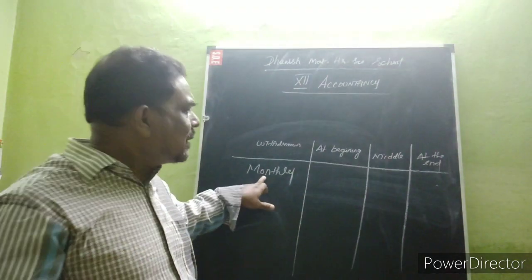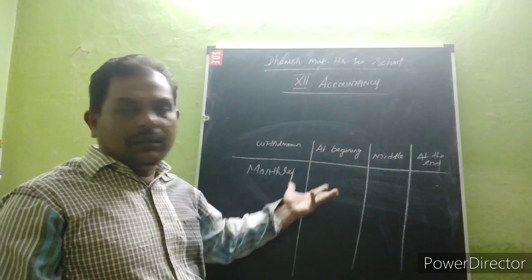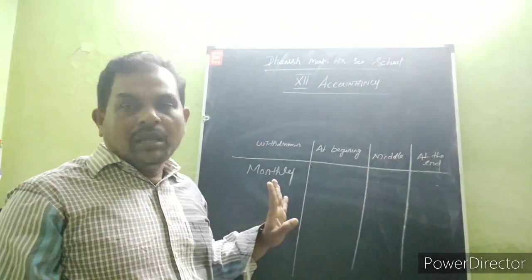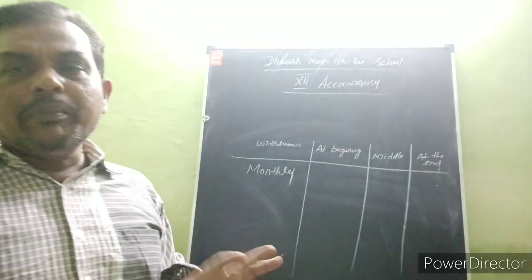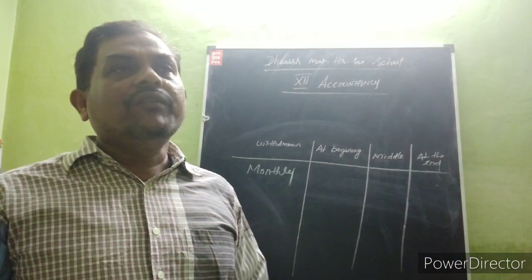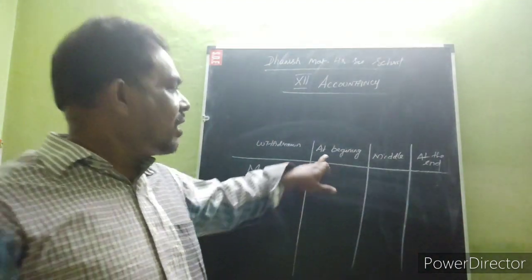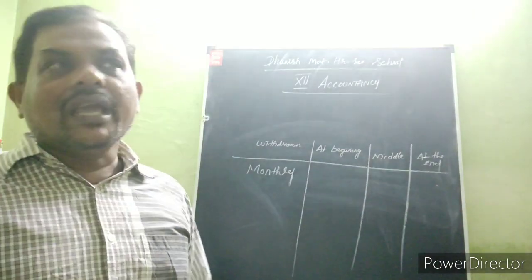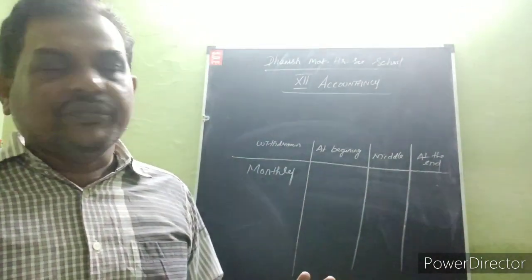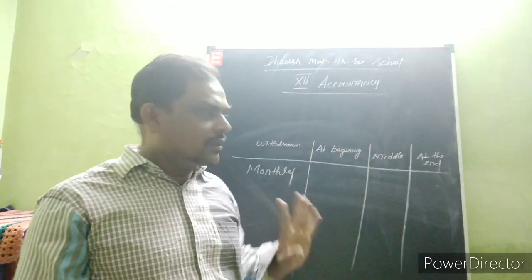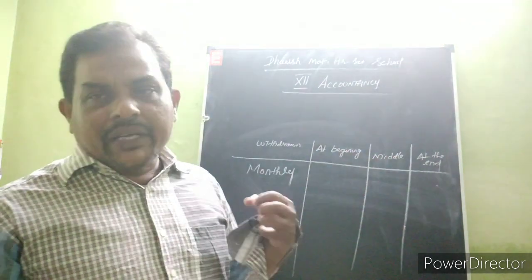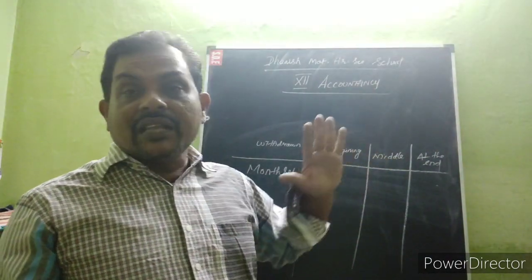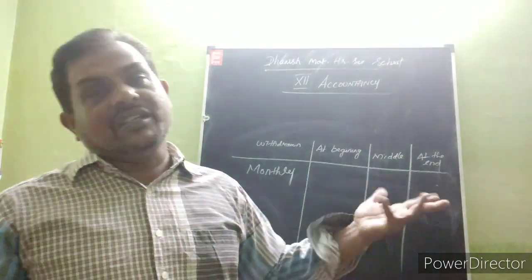So that monthly basis may be beginning or middle or end. Suppose one partner is taking every month first. That is called beginning of the month. Suppose one partner will take every month 16th or 15th. That is called middle of the month. Some partners will take at the end, that is every month end, that is 30th or 31st.